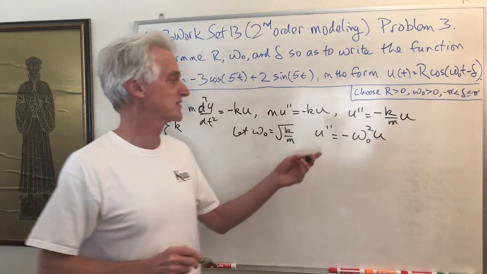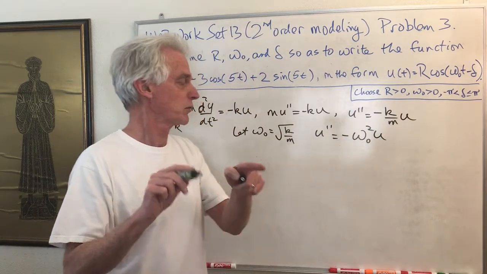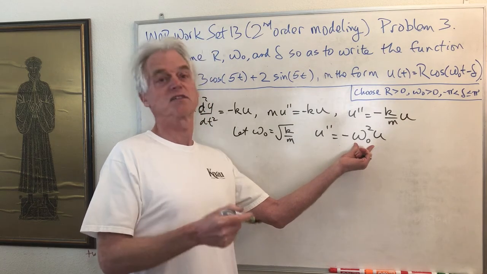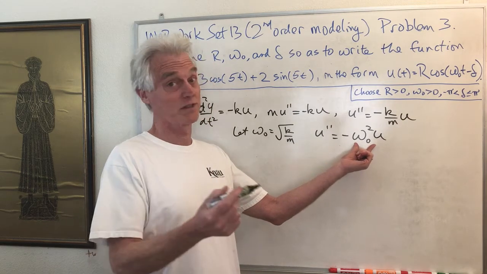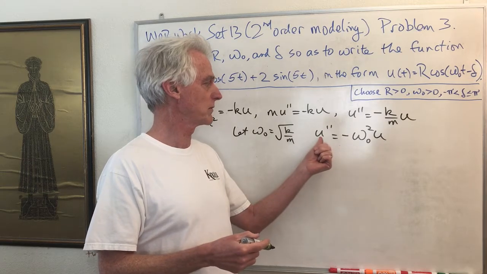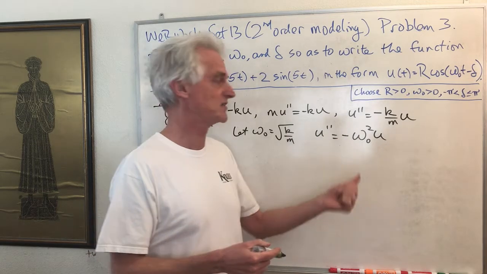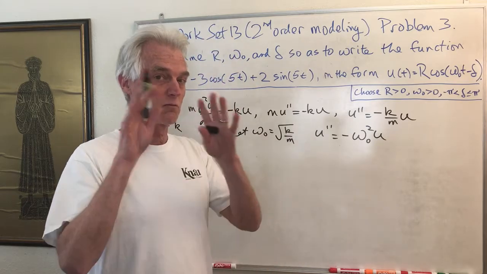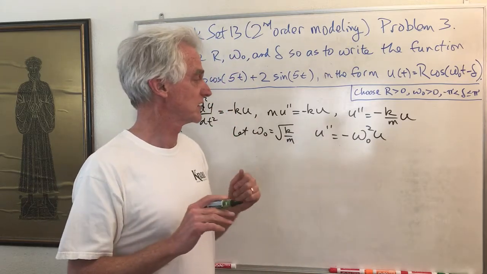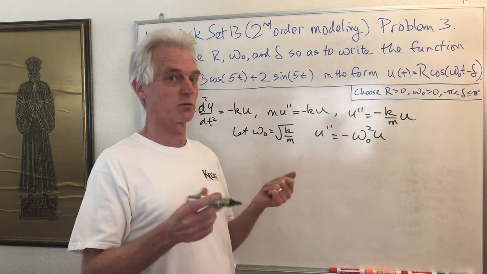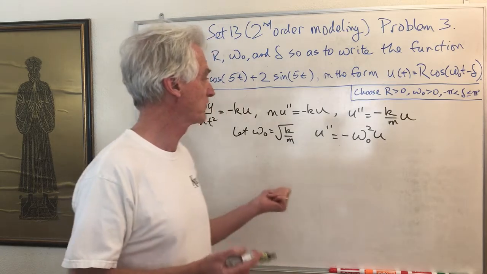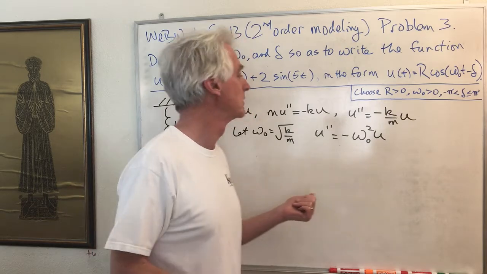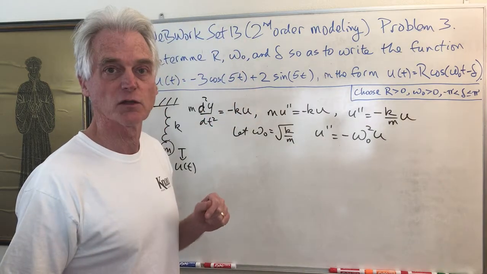That's nice because it focuses on the fact that omega naught squared is a positive constant, since any real number squared is positive. You might remember that we want to memorize the solution to that differential equation. It's really the most important one after u prime equals a times u, which gives exponentials. This gives sines and cosines.